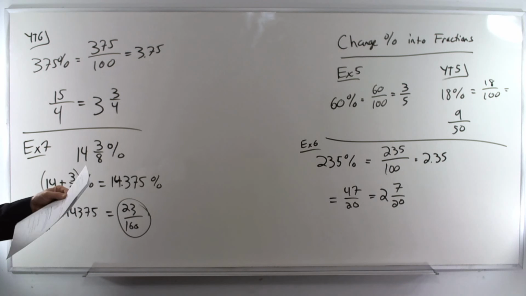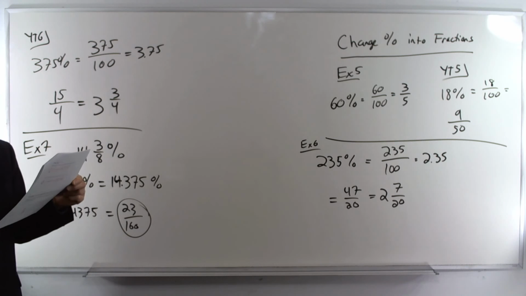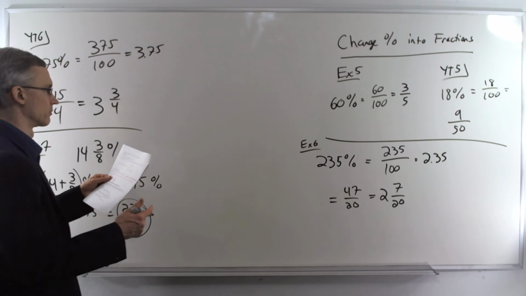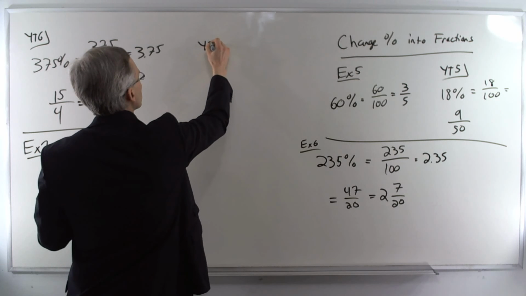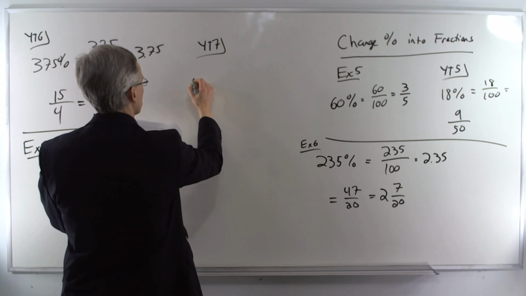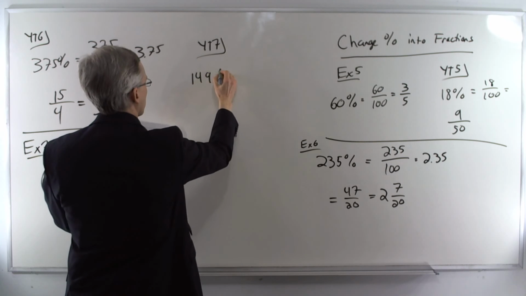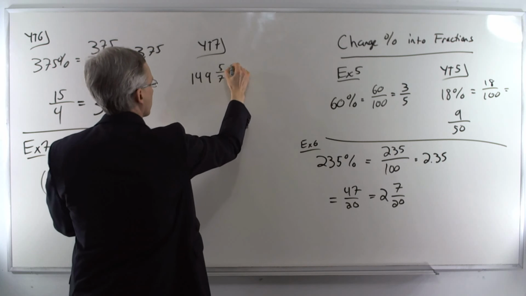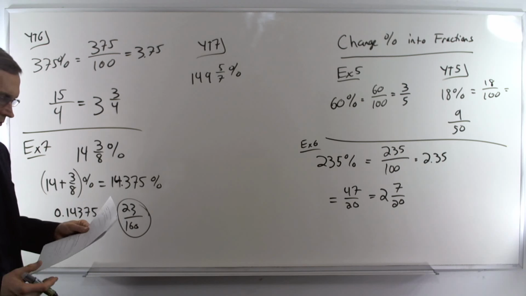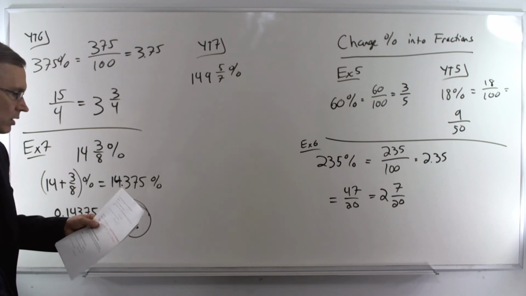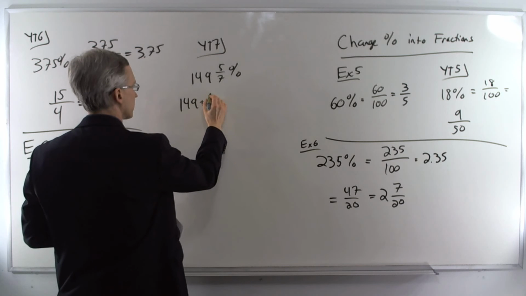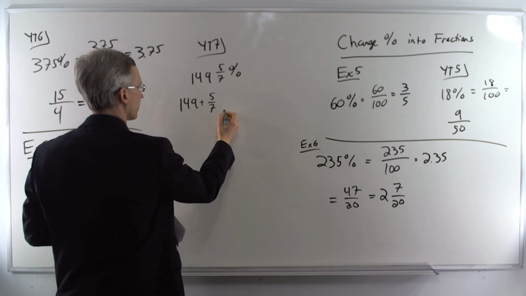All right, your turn number 7. Change 149 and 5/7% to a fraction in simplest form. So in a calculator, go 149 plus 5 divided by 7.